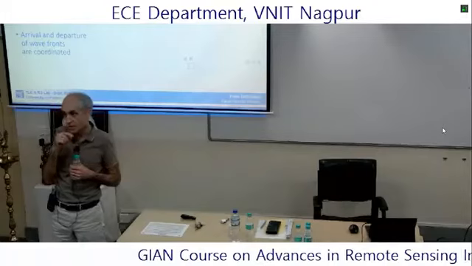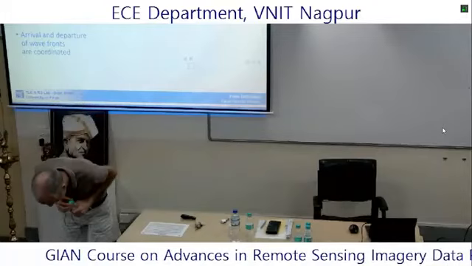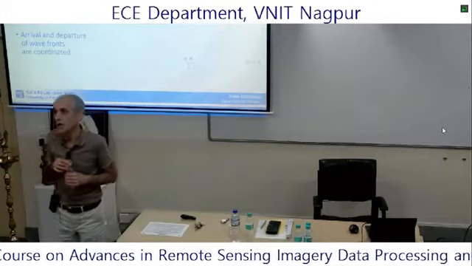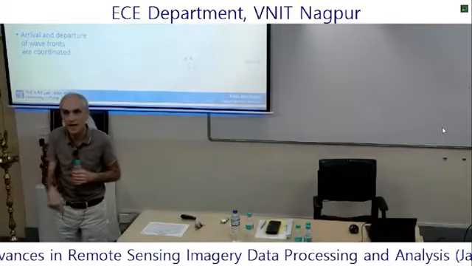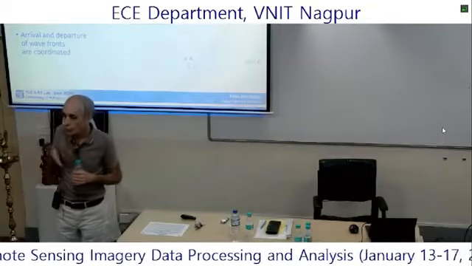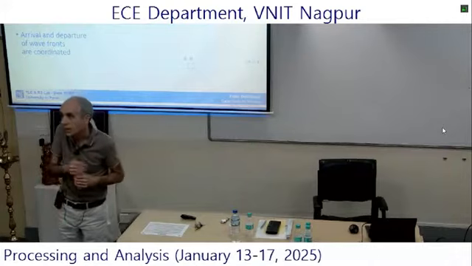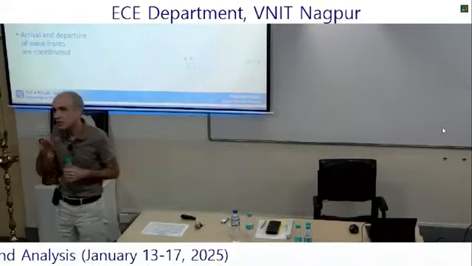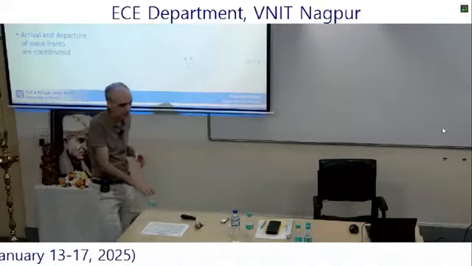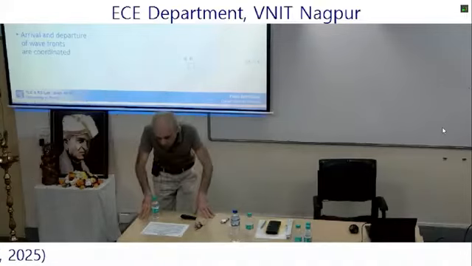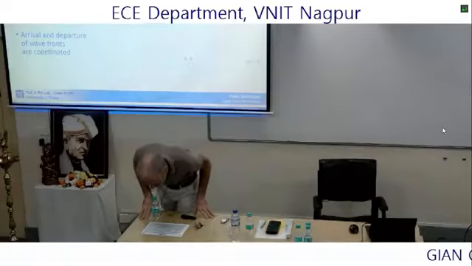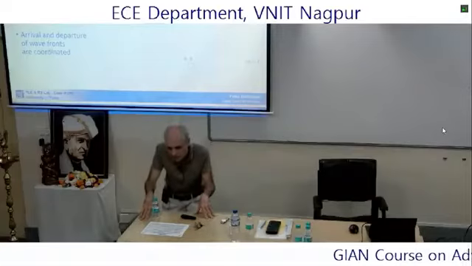Unlike optical data, you cannot stand on top of the observed object and look straight down at it. You need to look at it at an oblique angle. Why? Well, I will explain that, but for the time being, be aware of this fact. You look at it from an oblique angle, not like this, but like this.